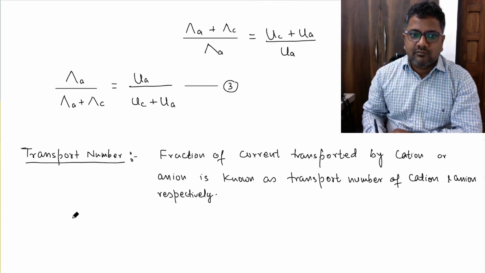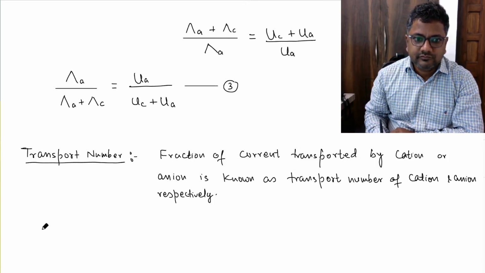So transport number of cation plus transport number of anion is always equal to 1.